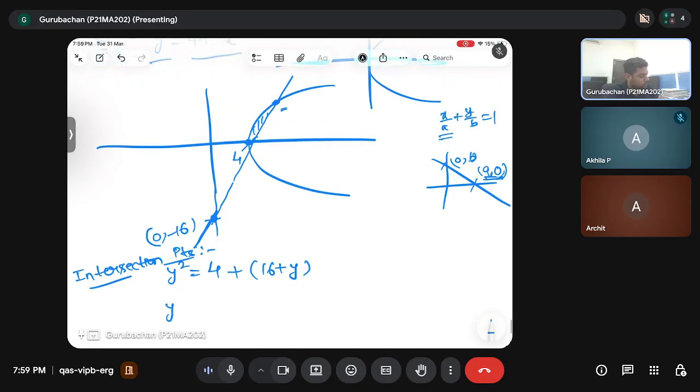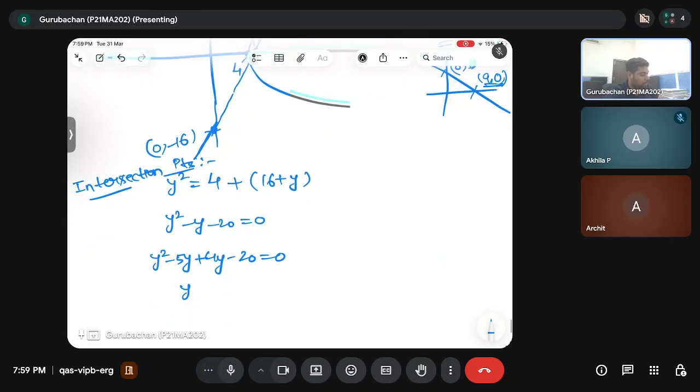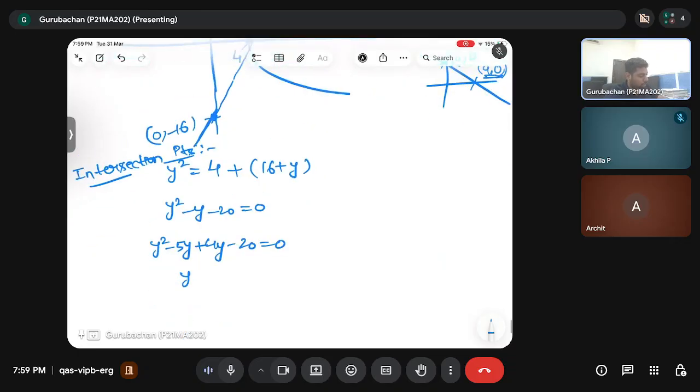This will give you y square minus y minus 20 is equal to 0. So from here y square minus 5y plus 4y minus 20 equal to 0. So from here this will be y plus 4 into y minus 5.